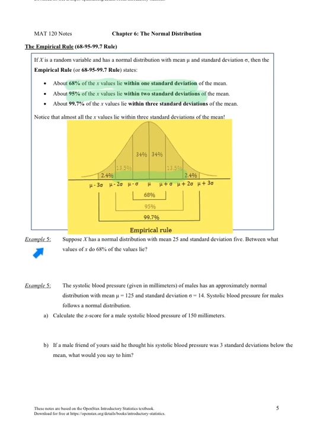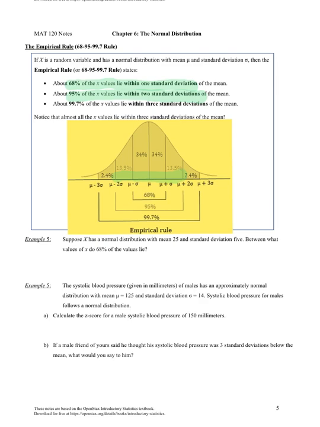Consider example number 5. We have a normal distribution with a mean of 25 and a standard deviation of 5. Between what values of x do 68% of the values lie?